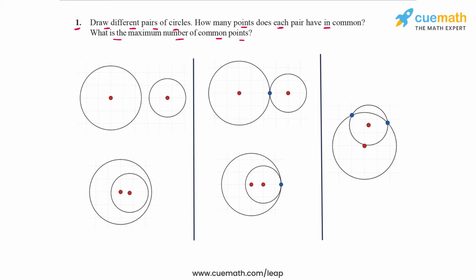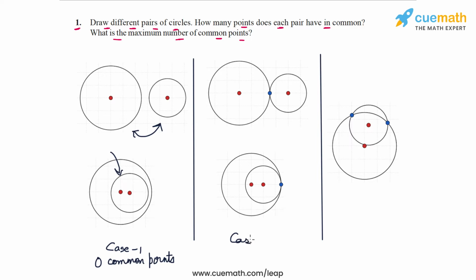So summarizing what we saw in the simulation, we saw all these various cases. In this first case, case 1, the circles don't intersect each other at all. So in this case there are 0 common points, and this happens if the two circles lie completely outside of each other, or one circle lies completely inside the other circle.